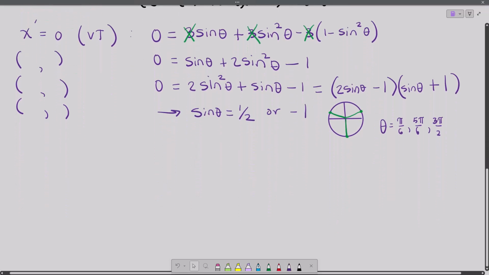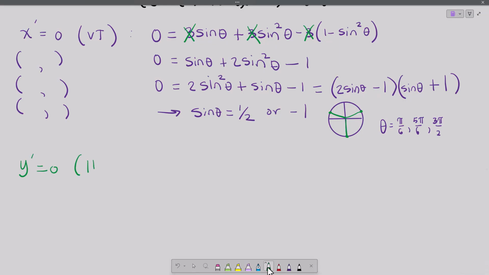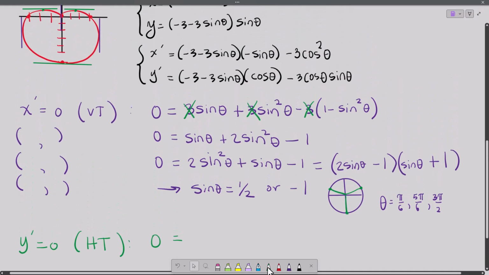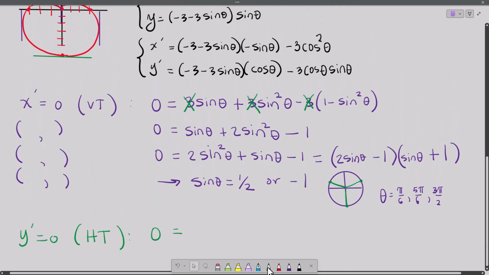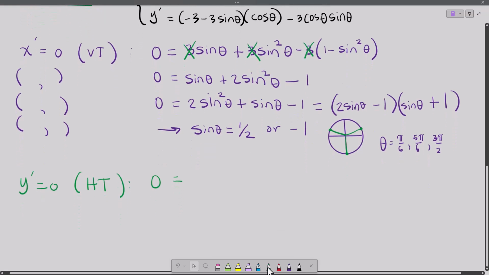Let's find the other ones. So y prime equals 0. This is going to correspond to horizontal tangents. So horizontal tangents are where the numerator is 0. The numerator is that thing, y prime. That's the numerator. So we want to set that equal to 0.